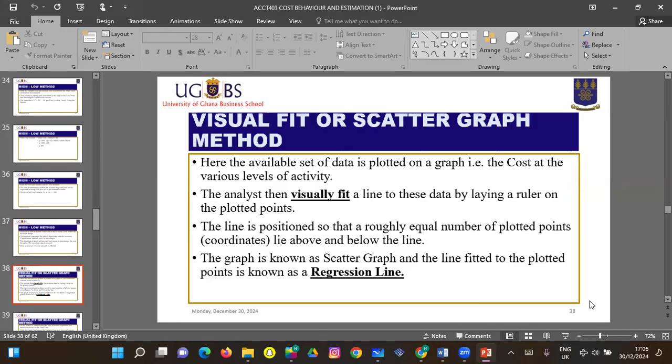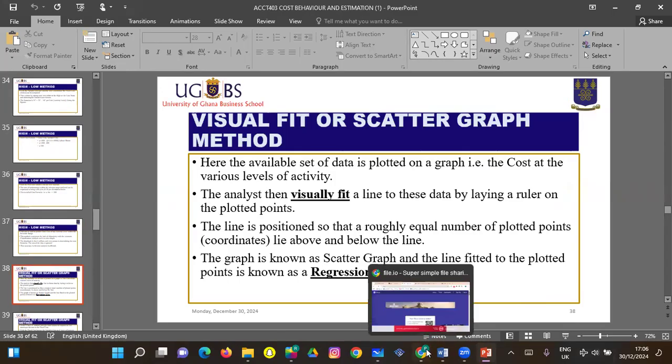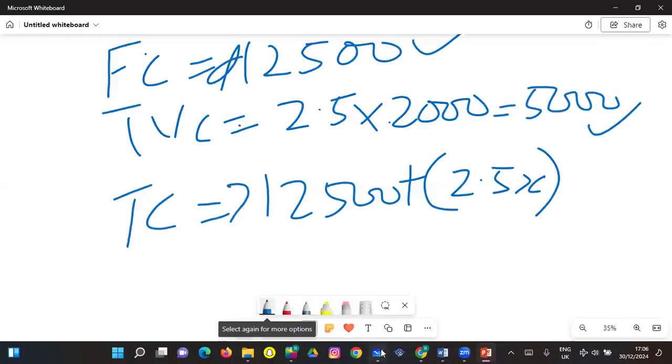So now we are on the visual fit or scatter graph method. Here, the available set of data is plotted on a graph. That is, the cost at the various levels of activity is plotted. So let's say this is how it will look like, right?